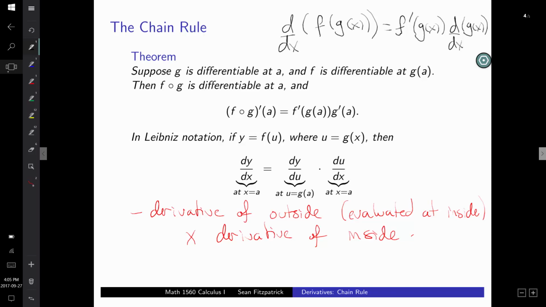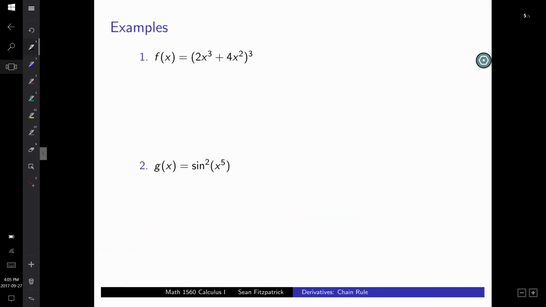So let's look at an example. Here's a couple of functions. One of the things you might find useful here is to introduce an intermediate variable. So if this is y, we might say y equals u cubed, where u is 2x cubed plus 4x squared.